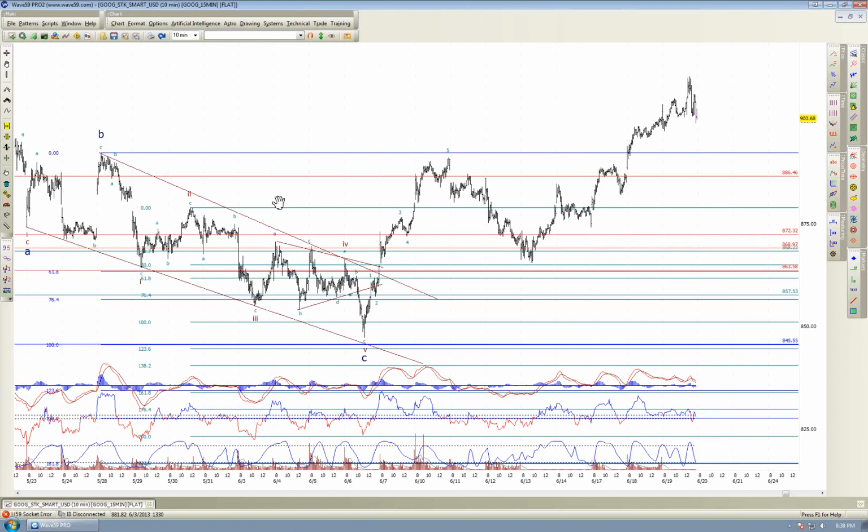I would not be playing June weeklies at this point, and much safer would be August as your strike month, expiration month. Any other questions?